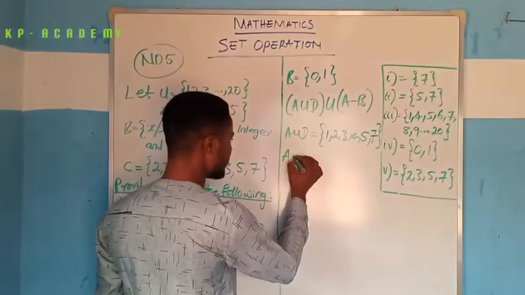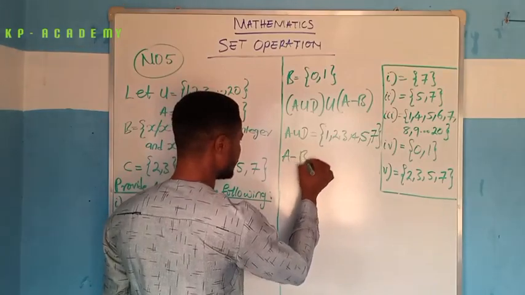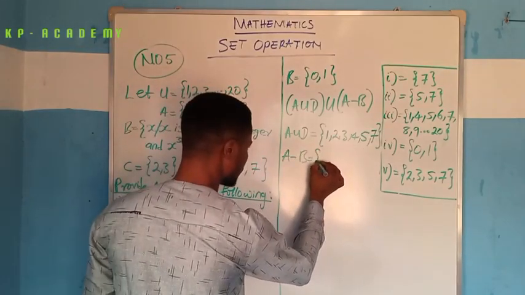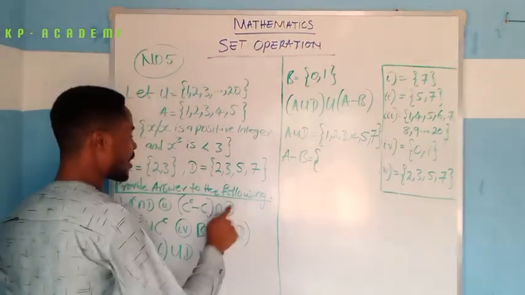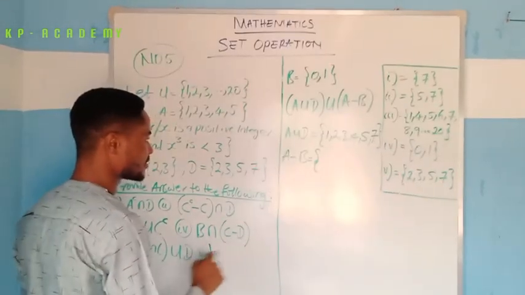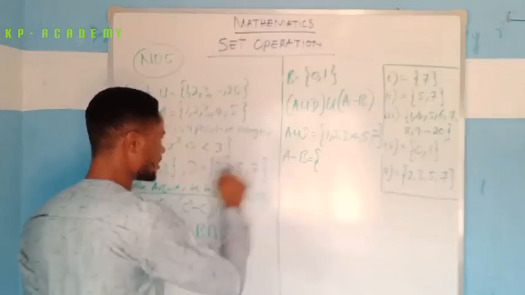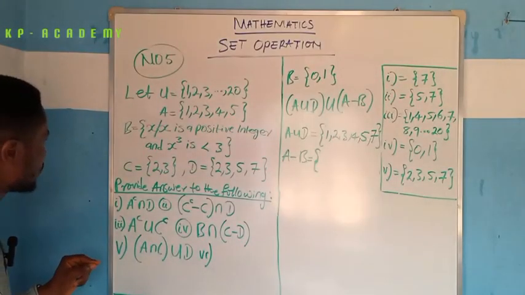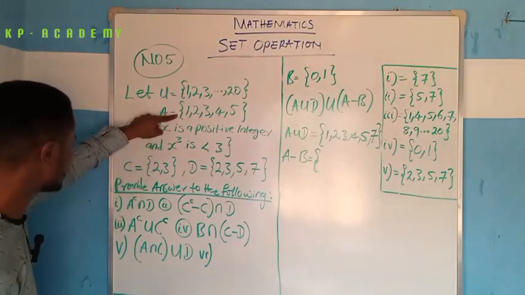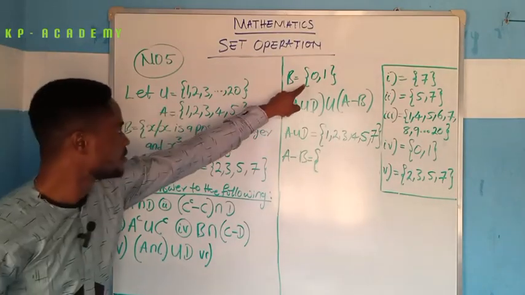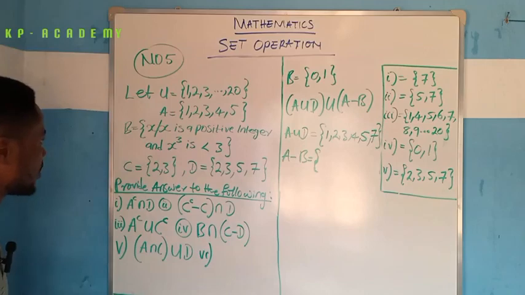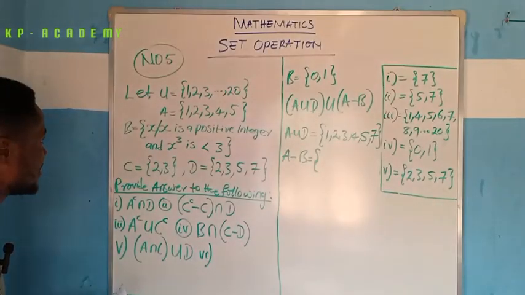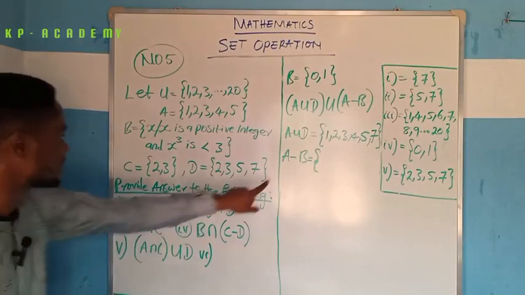Now again, A minus B. A minus B means take out what A and B have in common, then write only the elements that remain in set A. So this is set A and this is set B. Take out what both of them have in common and write out only what remains in set A, which is the first set mentioned.